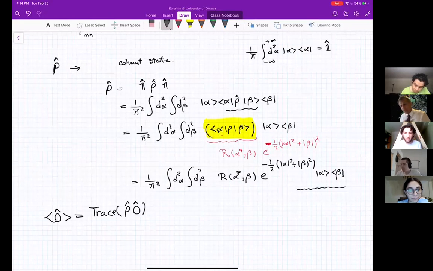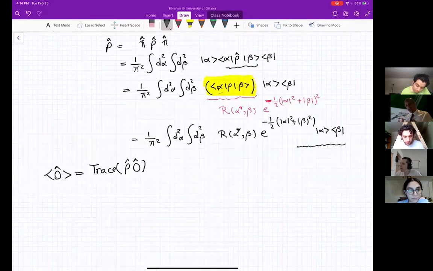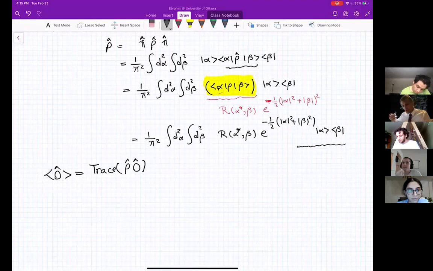Now we should look at how we can understand what the O operator is, which means how we can diagonalize the O operator, and also the rho operator. That's really the goal. So we looked at two cases: the coherent states representation, or the photon number states, which is another possibility.